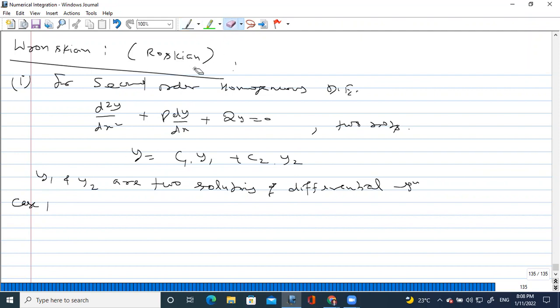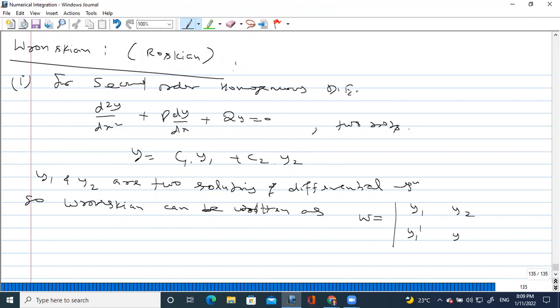Before starting the cases, I will tell you the Wronskian can be written as W equal to the determinant of y1 y2, y1 dash y2 dash, like this.